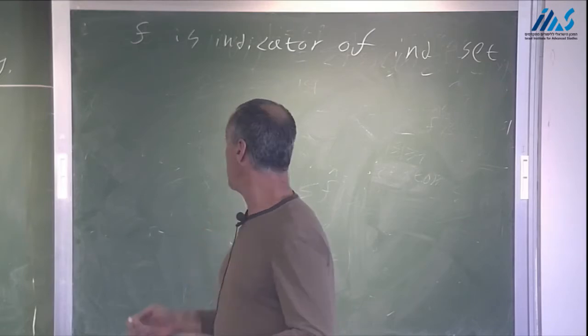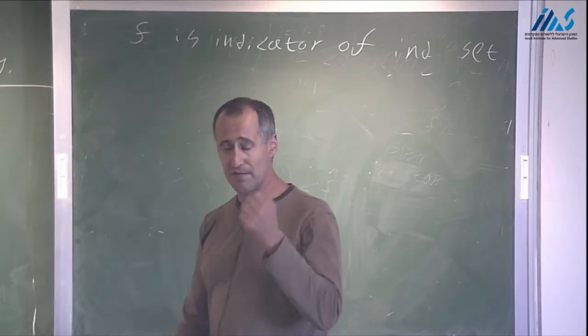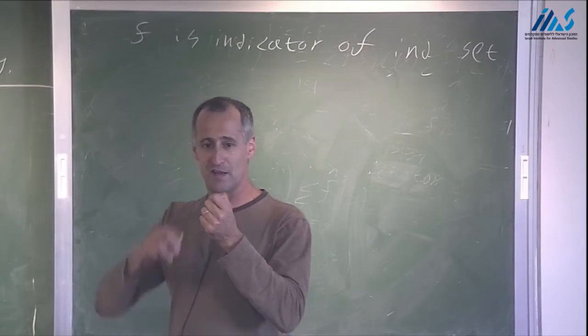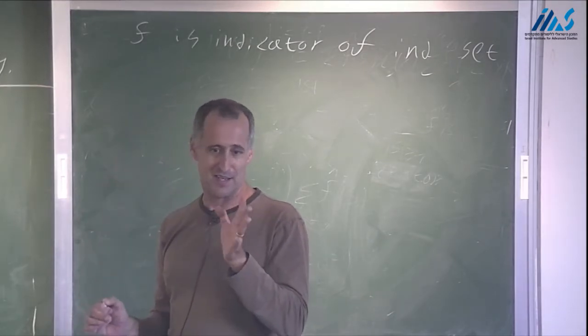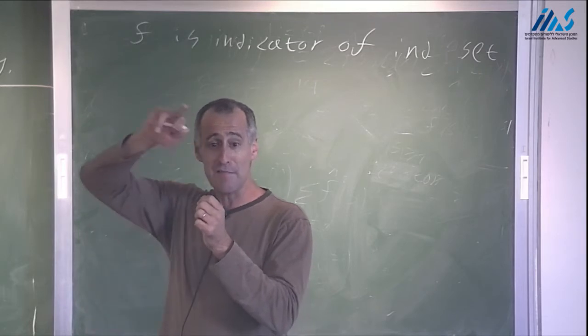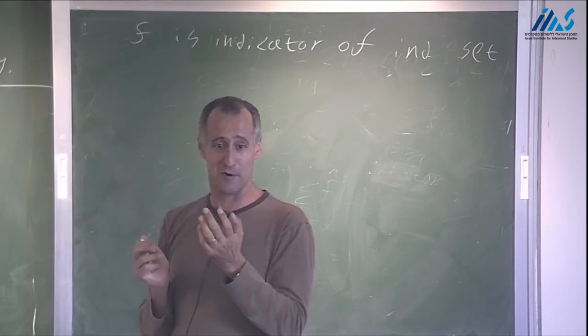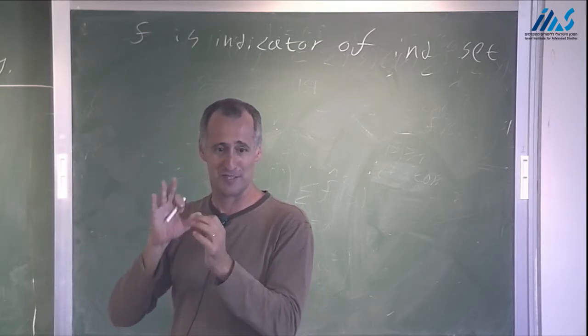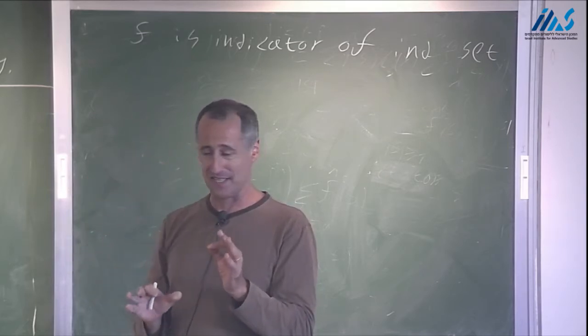If the value of f indicates an independent set, then if the value of x is 1 on a vertex, f is a 0, 1 function, and the average of f on all the neighbors is 0. For a 0, 1 function, saying that the average on all the neighbors is 0 is just saying it's identically 0 there.